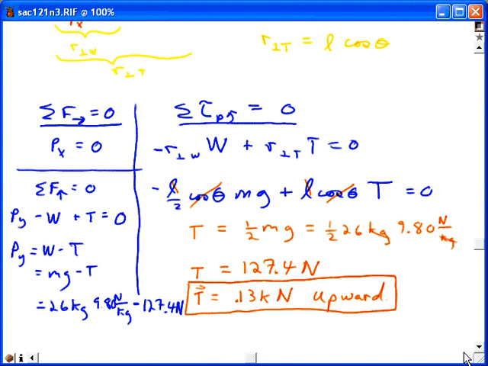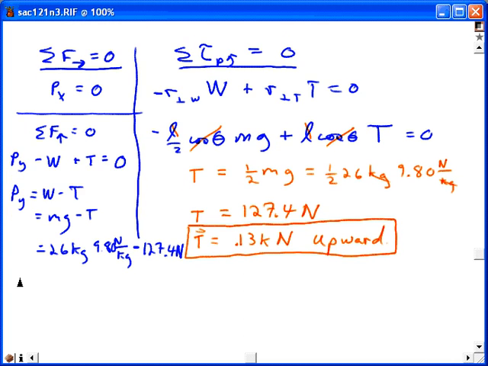I'll use my intermediate results here and get Py is 26 times 9.8 minus 127.4 equals, I get 127.4.